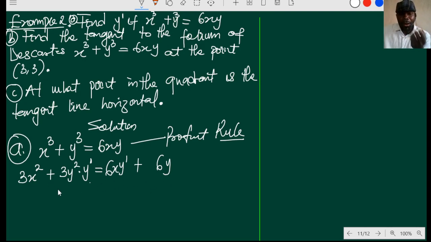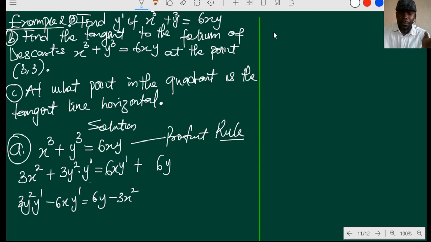We now continue to collect the like terms, so we have 3y squared y1 minus 6x y1 is equal to 6y minus 3x squared.